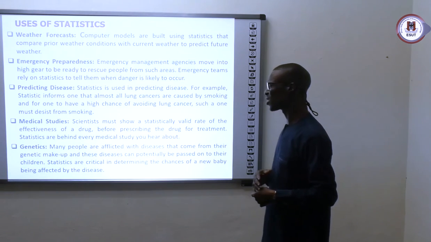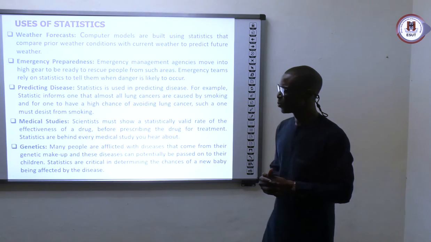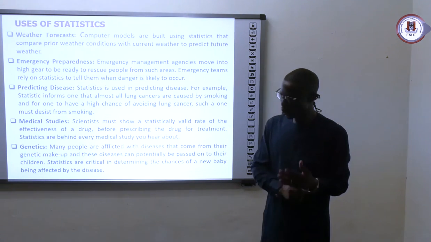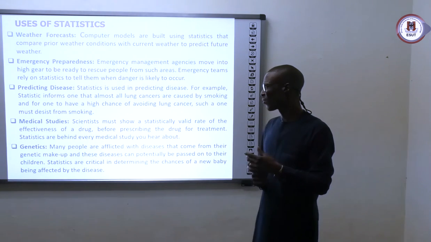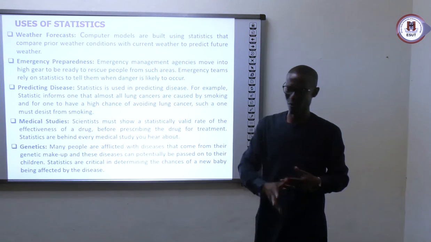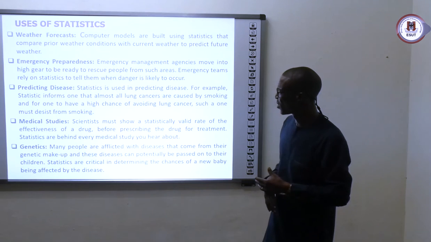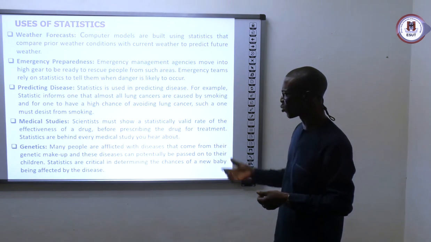So predicting disease pattern. Without statistics, no disease pattern could be predicted easily. So statistics helps you to detect the pandemic nature of a disease. The wider spread of a disease, the pattern of spread of a disease, and the frequency of occurrence of a disease, all these are processed through statistics. Then medical studies.